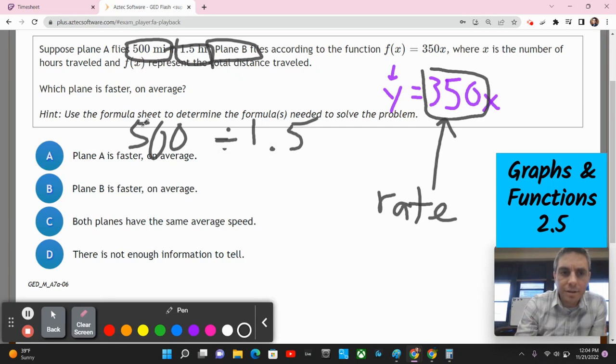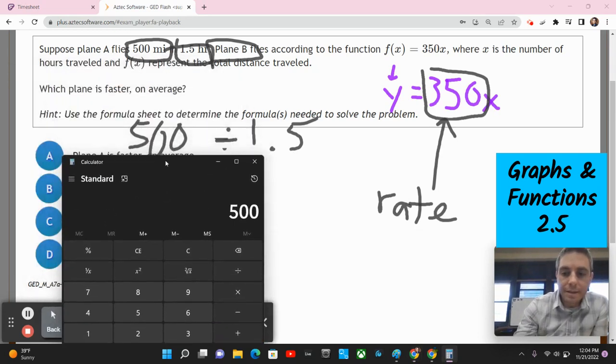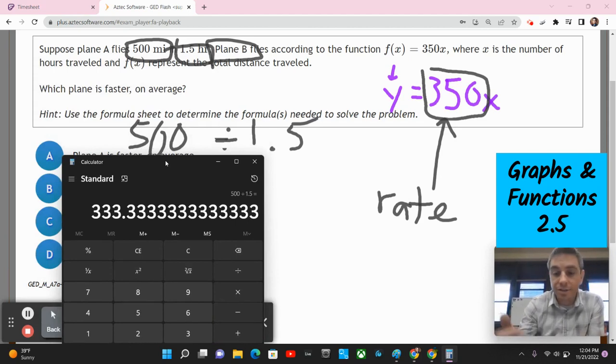So instead of saying 500 miles in 1.5 hours, we just divide it. We do 500 divided by 1.5, and now we have our miles per hour, which for plane A is 333. Just ignore all those 0.33333. It doesn't matter for this question. So basically the speed is 333. Plane B is 350, so plane B is traveling faster.